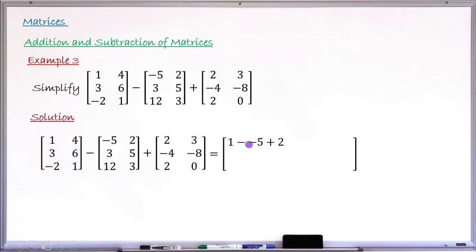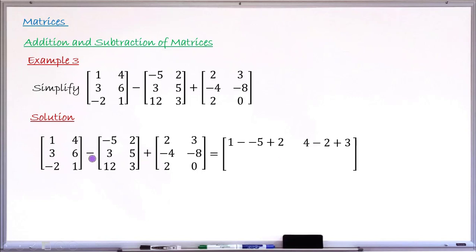I'll move to the first row, second column. The 4, this 2, and this 3 are in corresponding positions, so I can say 4 minus 2, then plus 3. Let me write it here: 4 minus 2 plus 3.